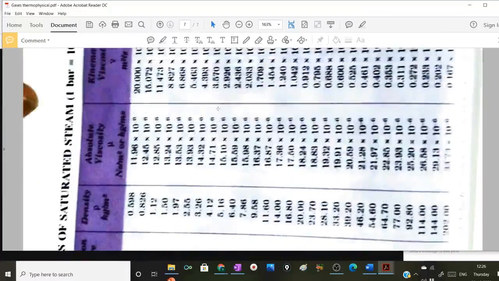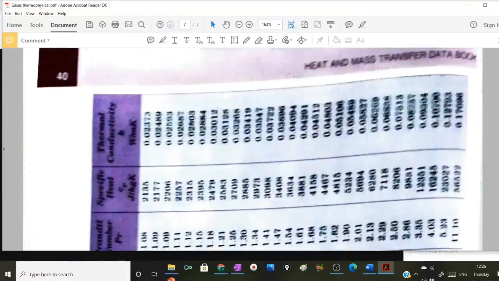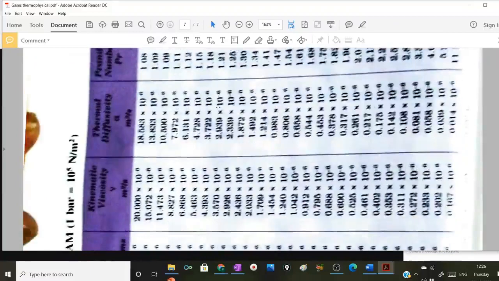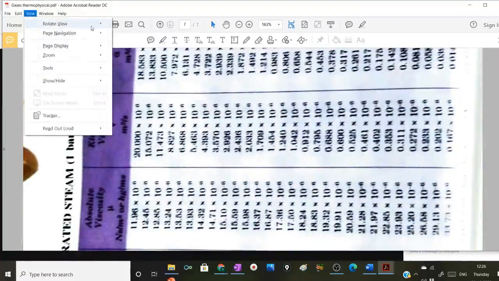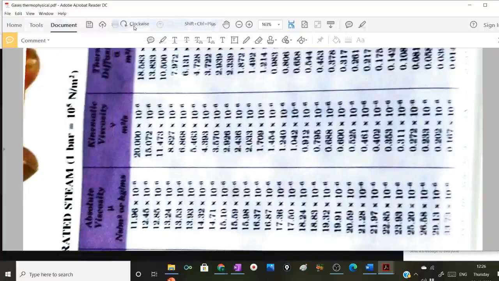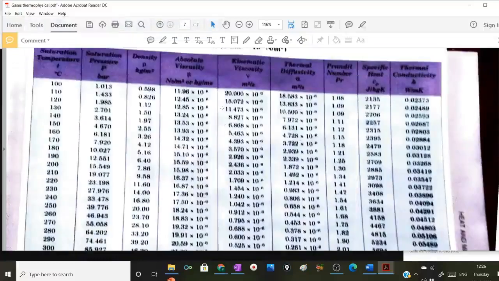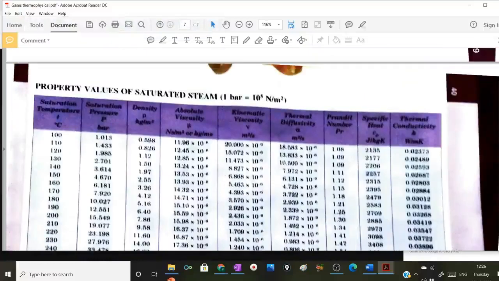And on page number 40, some of the properties of saturated steam are also given. Okay. So as and when required, we will refer to this table.